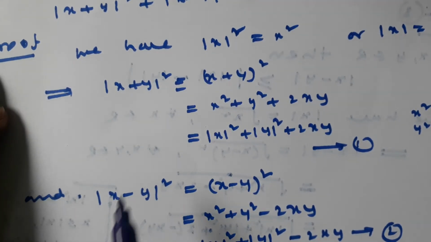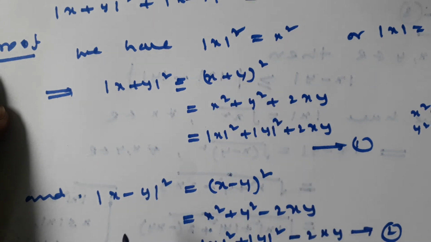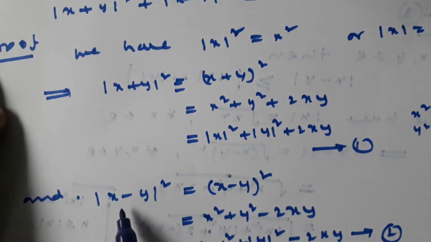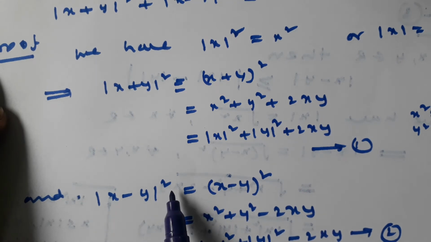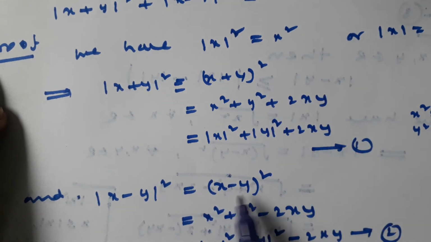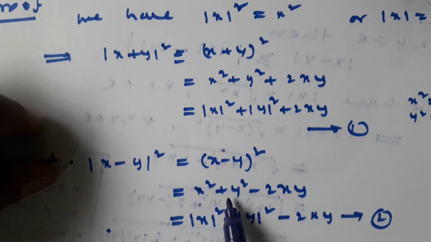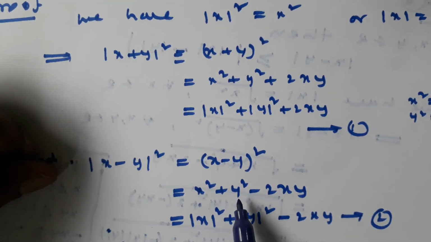And again in place of x, I shall write x minus y. Mod x minus y whole square is equal to, right side is x minus y whole square. Expanding this, x square plus y square minus 2xy is equal to x square, which is mod x square, plus y square, which is mod y square, minus 2xy.